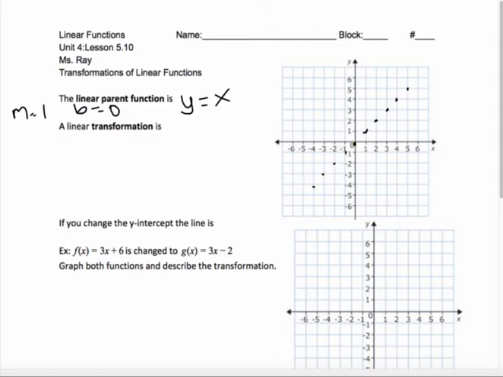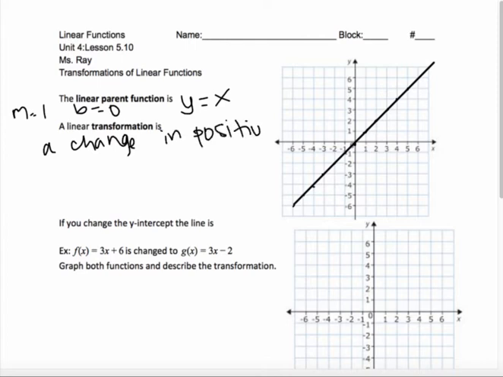So a lot of times when we talk about transformations, we talk about it in relation to the parent function. All right, so there's the linear parent function. A linear transformation is a change in position or size of a figure.